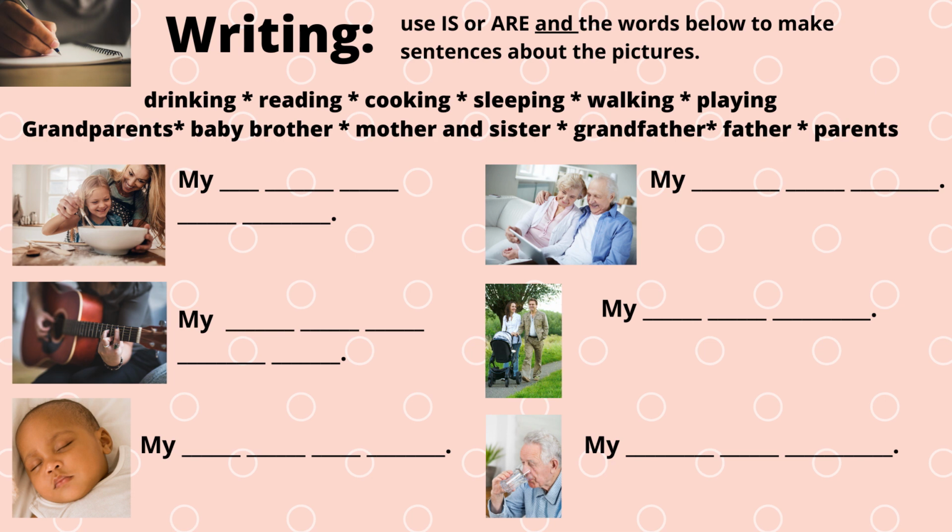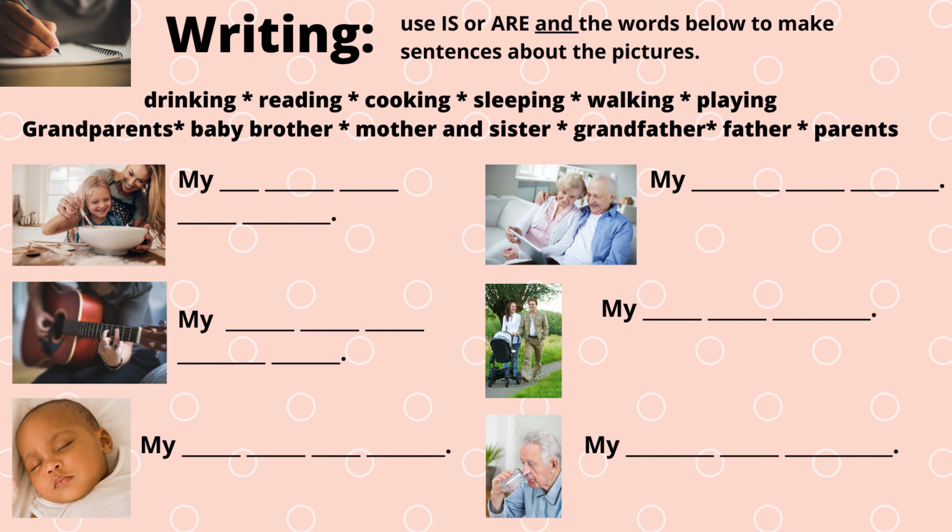Remember, those verbs are in the present continuous and they're talking about actions that are happening right now. We also have some family words. Words like grandparents, baby brother, mother and sister, grandfather, father, and parents.